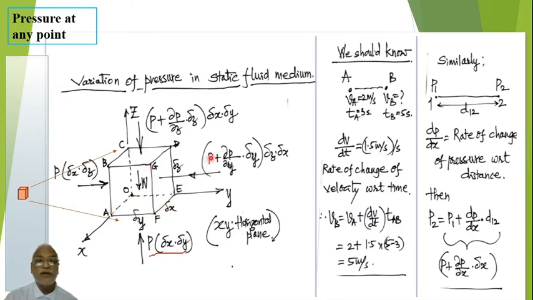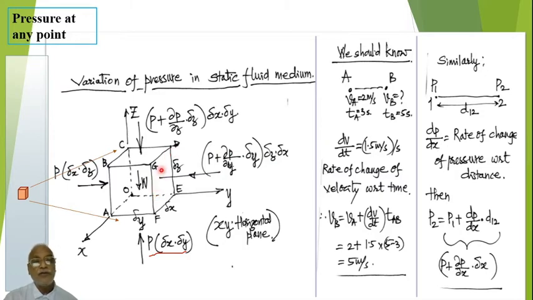So the final pressure will be P, the original pressure, plus the rate of change of pressure, dou P by dou y, multiplied by the distance for which it has changed, delta y. This term is exactly the same as this. Now this pressure intensity multiplied by the area, delta x into delta z, gives you the total force acting on this face.